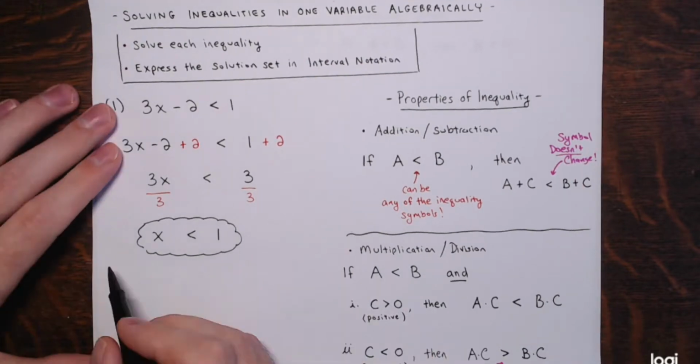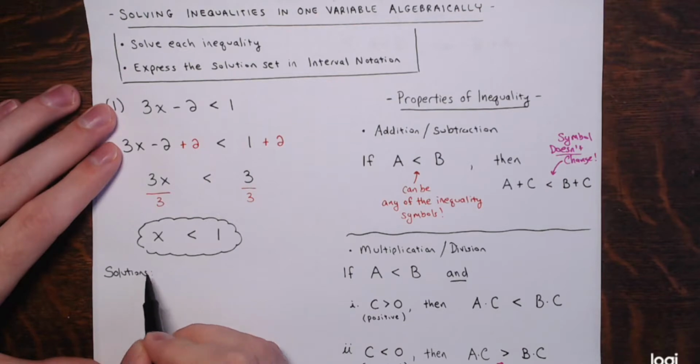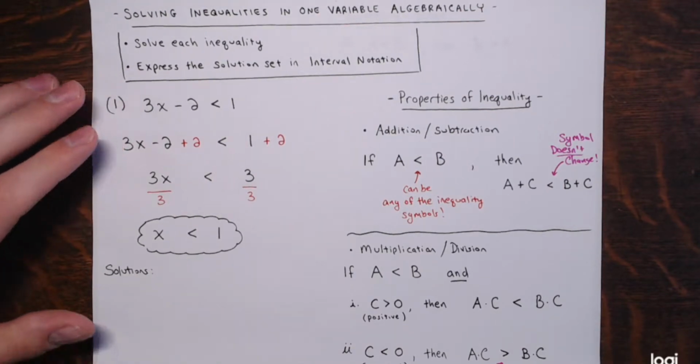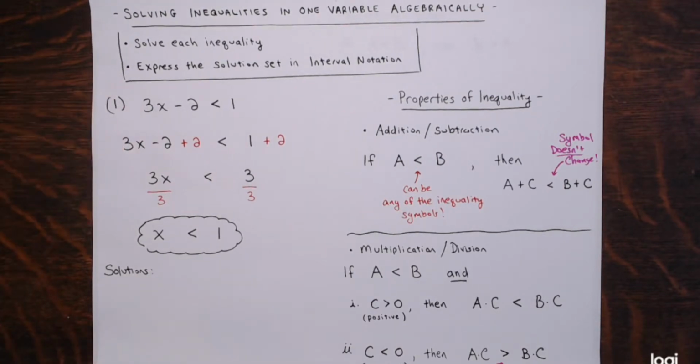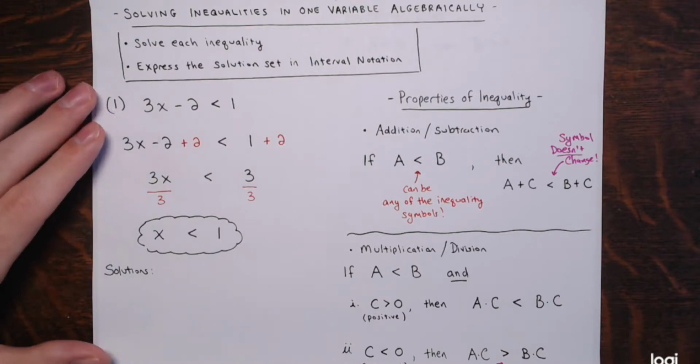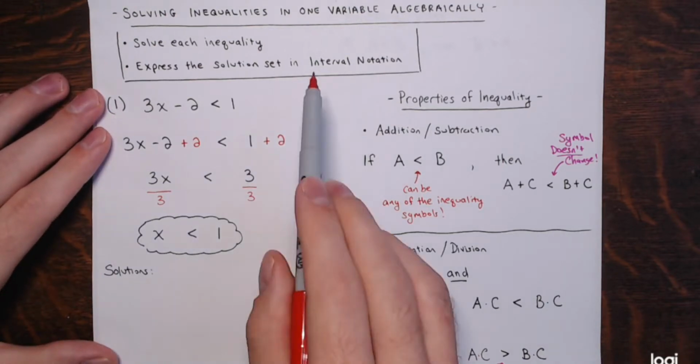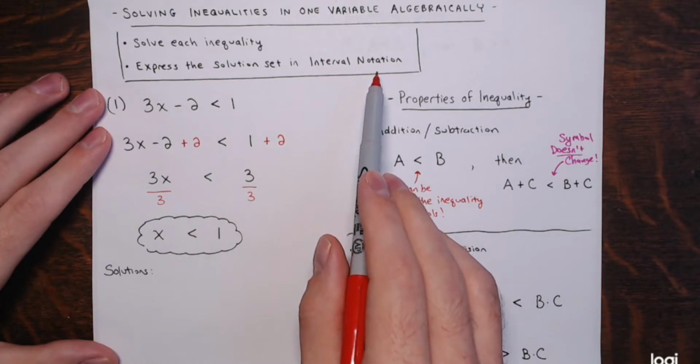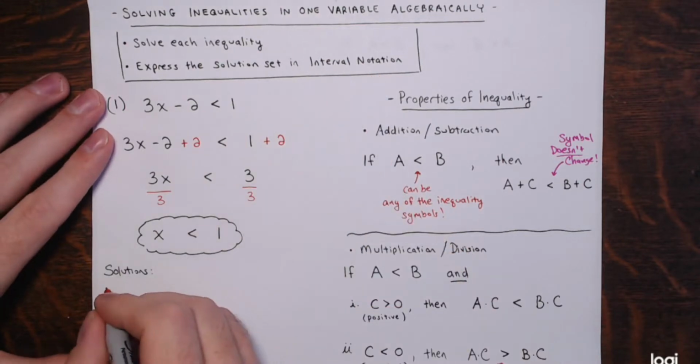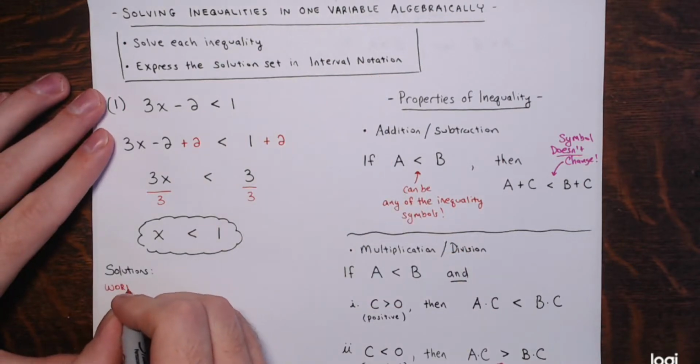So the solutions of this inequality. Now you can describe the solutions in many different ways. I talked a little bit about this in my previous video on using interval notation. We can describe the solutions in words.